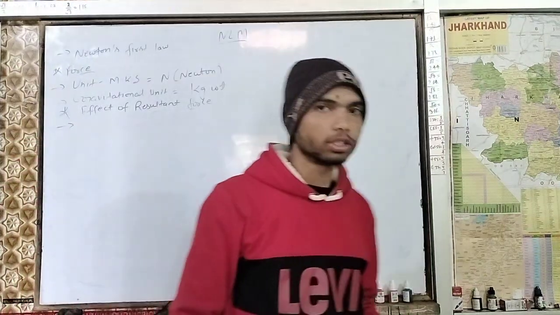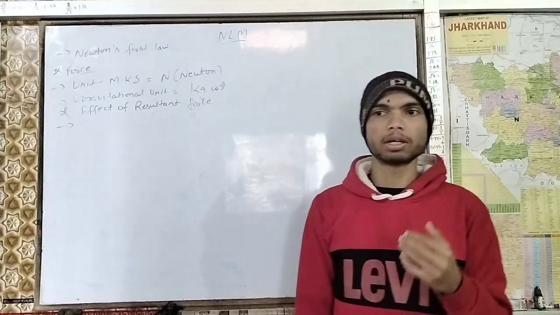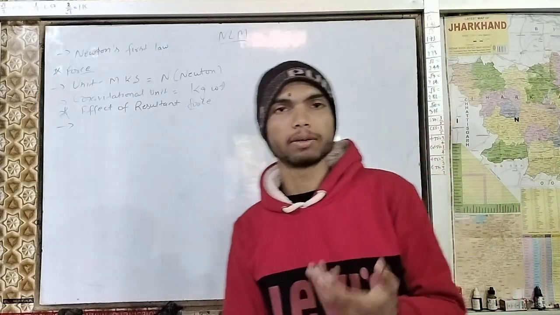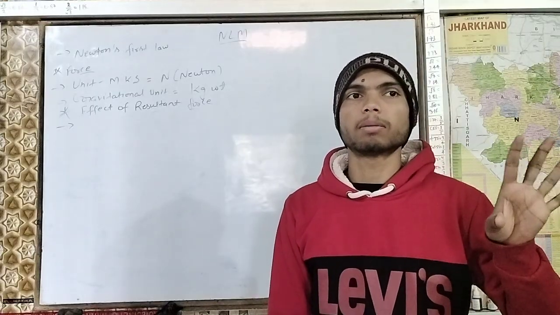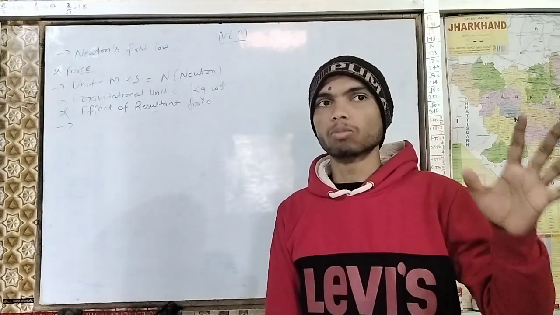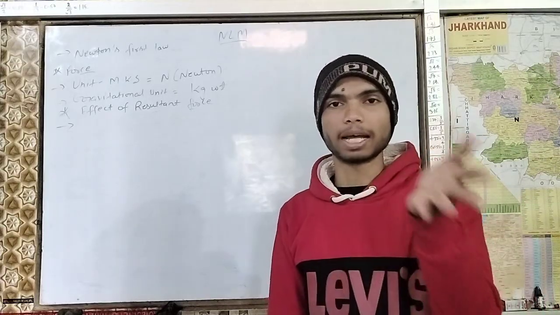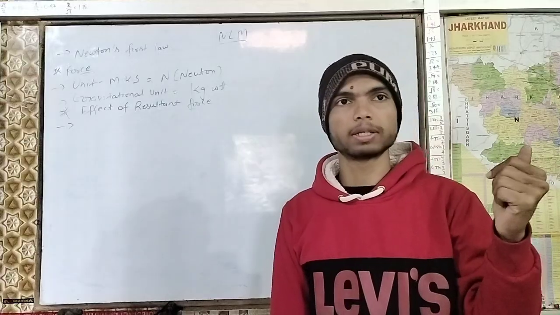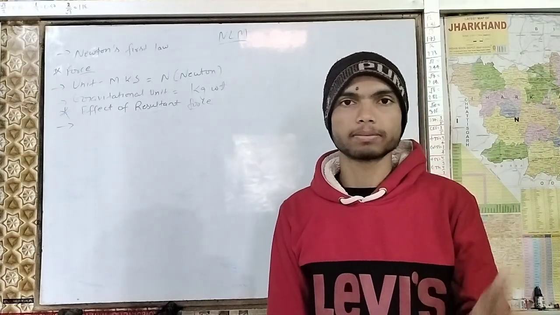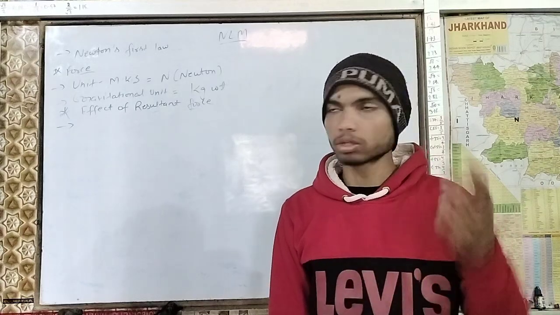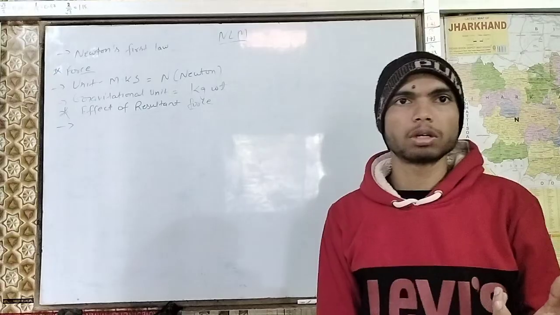It can change the shape of a body when we apply it. The body should be flexible, not solid. A moving object with constant velocity can be accelerated by applying a force. A moving object can be stopped again through force. All these things can happen when it comes to force.